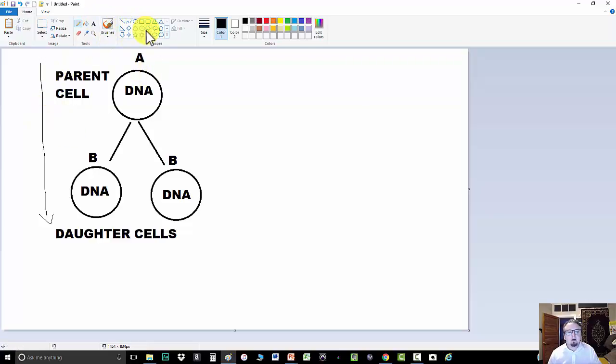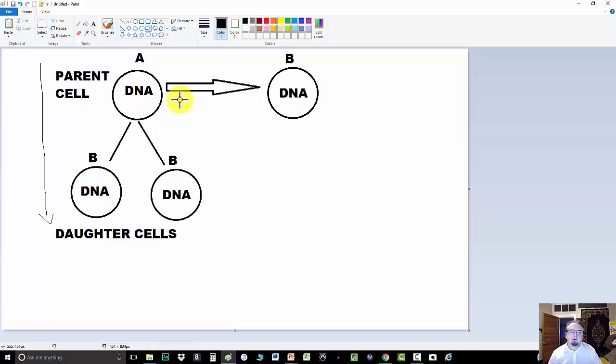Now, if cell B turns out to be a different cell, such as another adult cell, then we refer to that as horizontal. And so here, cell A isn't replicating. It's not duplicating itself in the natural process of passing on information through cell division and mitosis or meiosis.